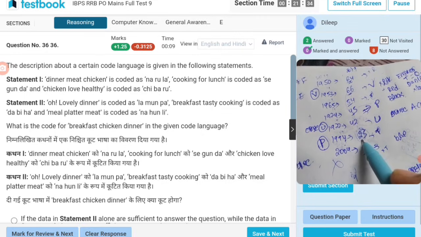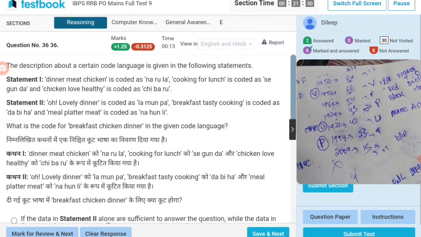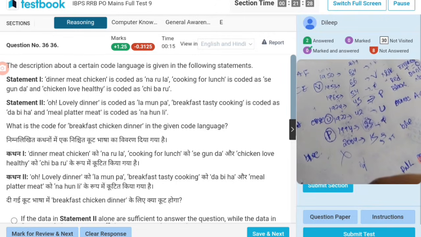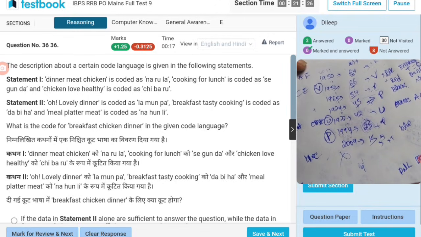So P equal to 25 means. So dinner meat chicken. Breakfast chicken, dinner.